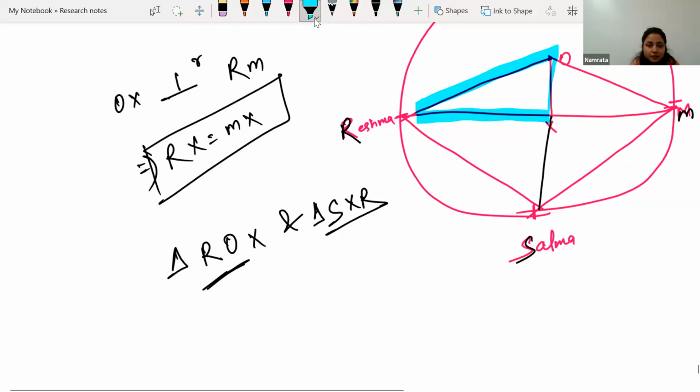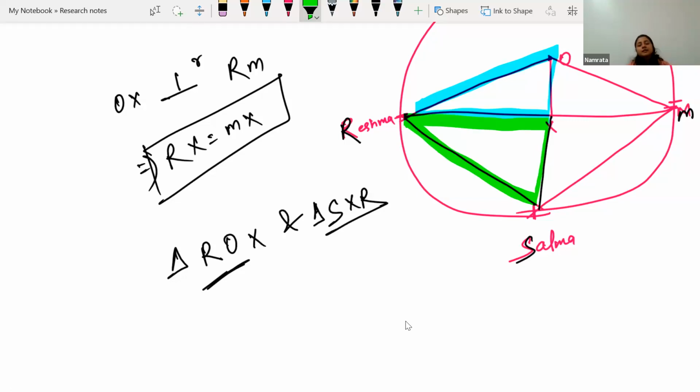We will be applying Pythagoras theorem over here. Okay, we have taken that this is 90 degree, this is 90 degree. Eventually, this will also be 90 degree. So the sky triangle and the green triangle we are taking.